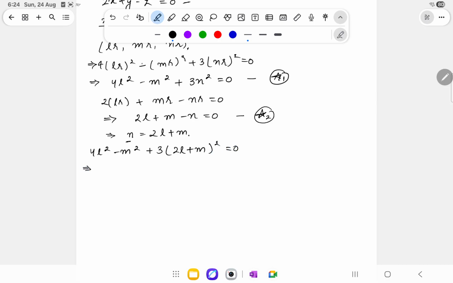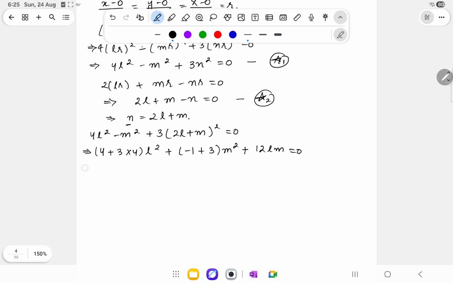Now I can club the coefficients of l square and m square together. I'll get (4 plus 3 into 4) l square plus (minus 1 plus 3) m square plus 12lm equals to 0. That is basically 16l square plus 2m square plus 12lm equals to 0, which is 8l square plus m square plus 6lm equals to 0.